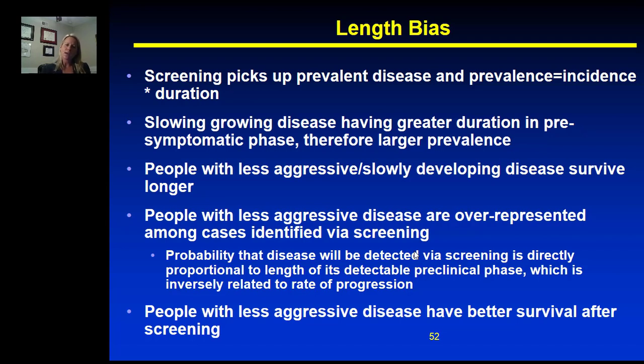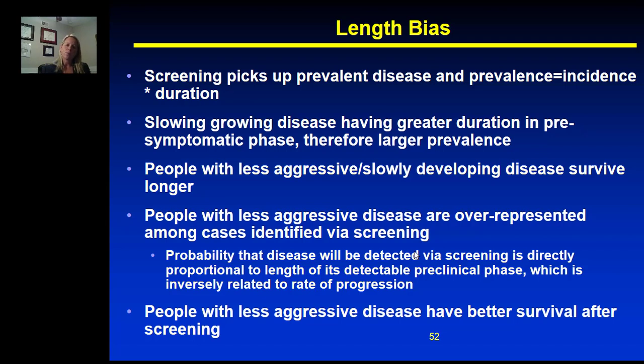So the diseases that have a slower progression will have a longer duration in their pre-symptomatic stage, therefore a larger prevalence of that disease as well. And people with the less aggressive form of the disease will survive longer. That should be somewhat obvious. The longer it takes for your disease to evolve, the longer you'll live.